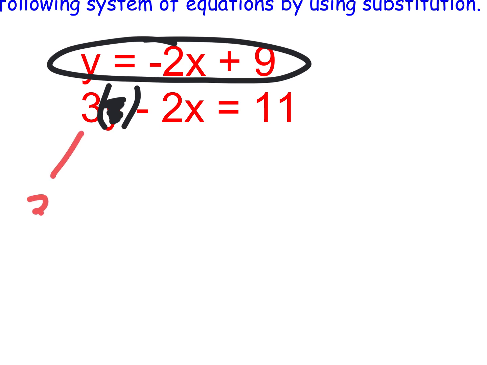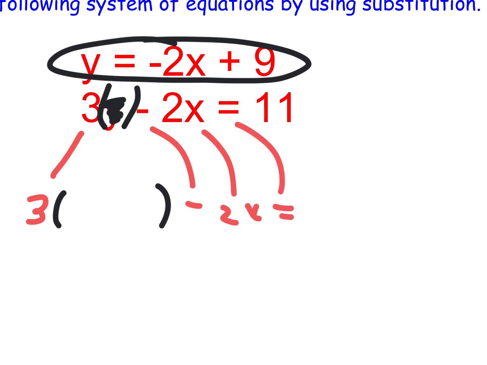Now I'm just going to copy it down here. Copy down, copy down, copy down, copy down. See, all I did is copy that thing down. And now I'm going to drop in the -2x plus 9 right here. Sorry, -2x plus 9.